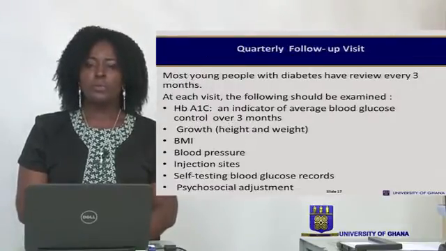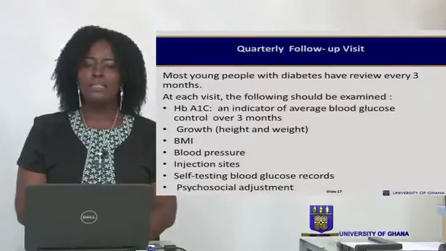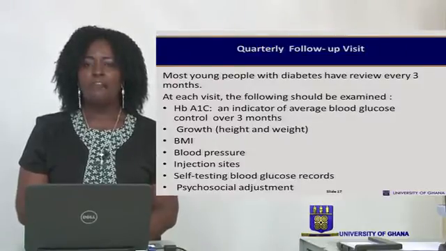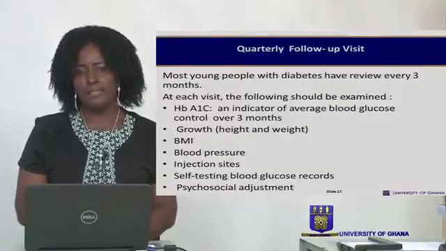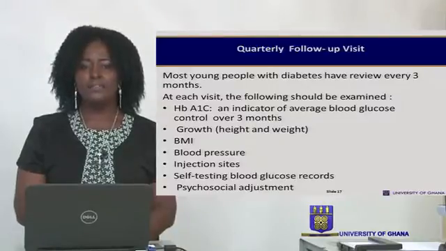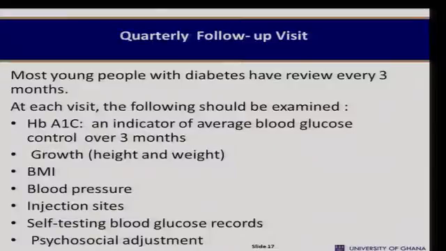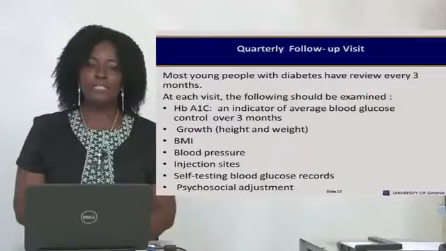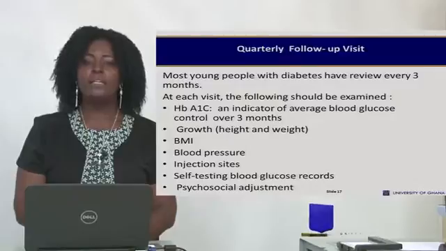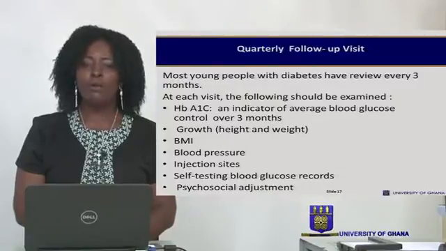And also, when we come to quarterly follow-ups, it is very, very important that children with diabetes have reviews every 3 months. And at each visit, we have to examine the glycosylated hemoglobin, which is an indicator of the average glucose over 3 months, so that sometimes when it is getting to time for the child to come to hospital, they will try and do the best they can.